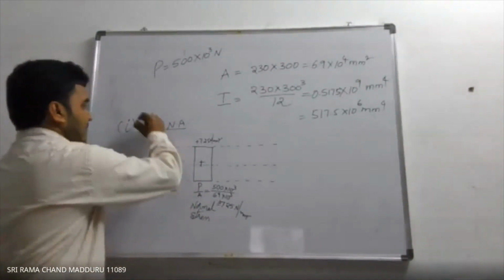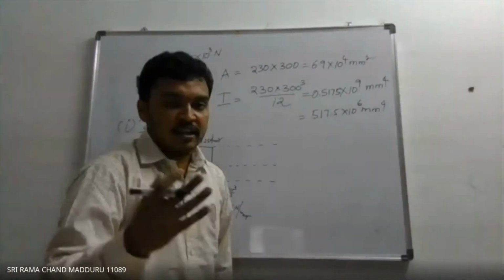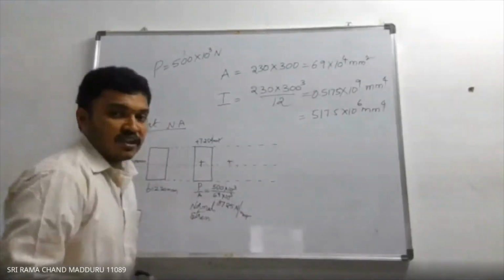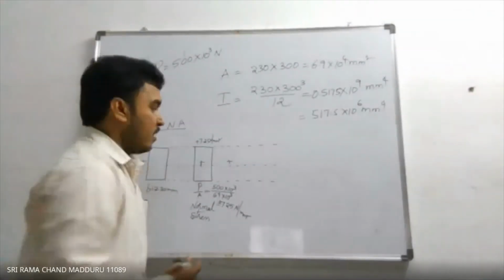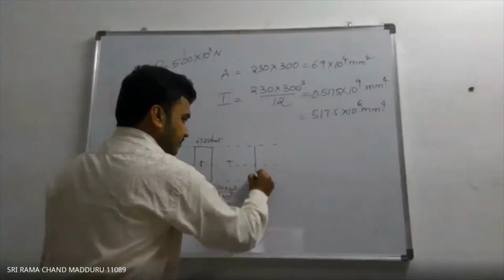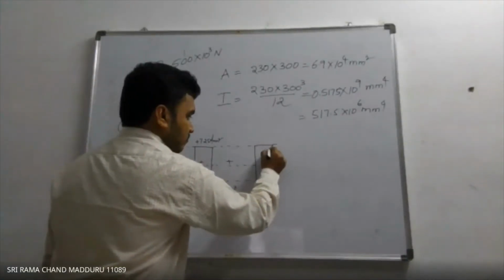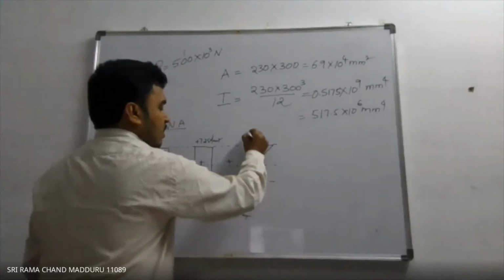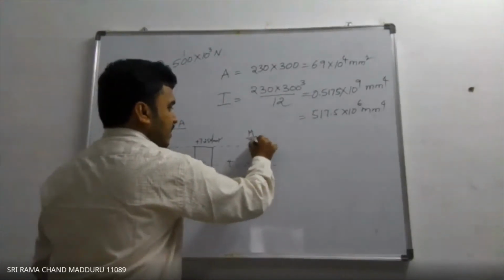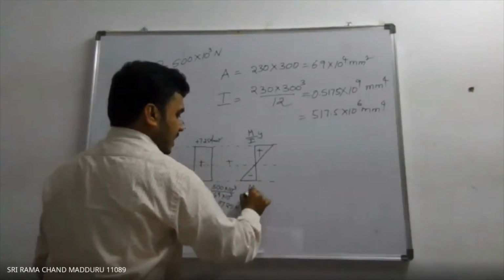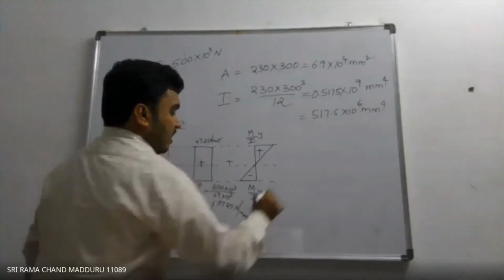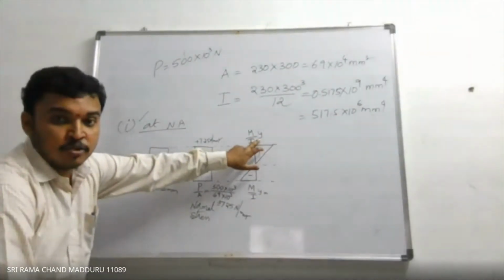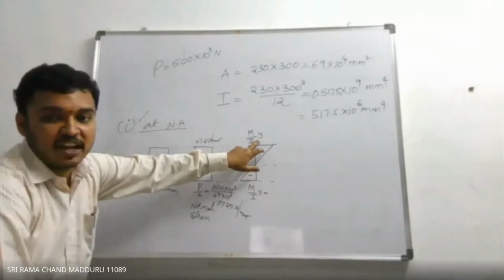Now along with this one, as it is acting at the neutral axis, there is no bending stress due to pre-stressing, but bending stress due to loading is available. Bending stress due to loading is M by I into Y. Now understand, I am writing at midspan. So bending moment at midspan, what is the value?